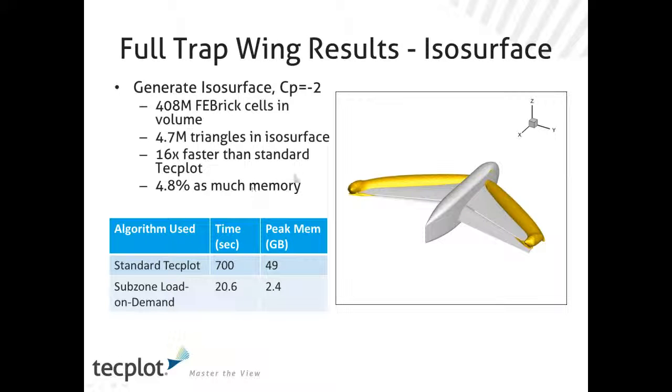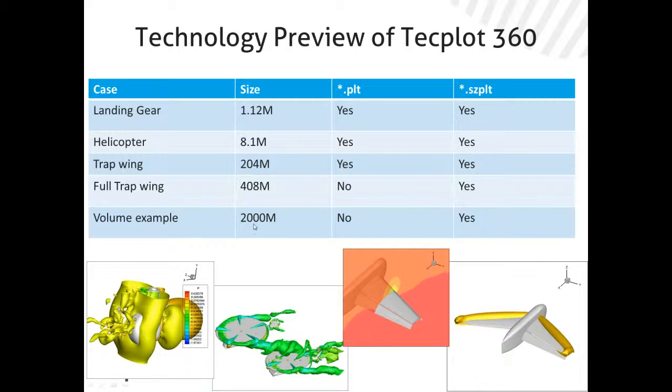And then the full trap wing, which is the 416 million cell model, I can't load it on my laptop because I only have 32 gigs of RAM, so I can't show you that one, but I will show you that you can load it using the new technology and use less than 2 gigabytes of RAM. Finally, we'll look at the 2 billion cell model, and we don't have examples we can show you much because they're impossible.